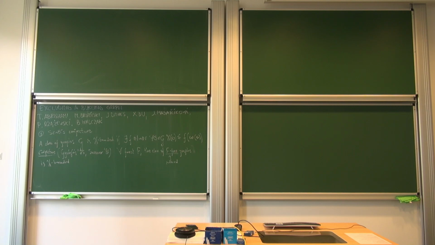It was proved for specific cases such as paths or trees with radius at most 2. And there are many other special cases like this, but in general, it is considered wide open.